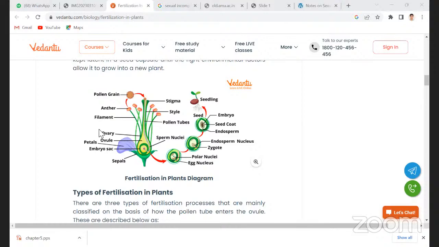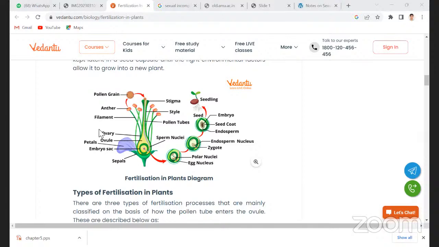What is phanerogams? Flowering plants. What happens to the endosperm in phanerogams? Endosperm is the nutritive tissue for the developing embryo. The embryo needs some nutrition, so the endosperm provides the nutrients to the developing embryo, right?